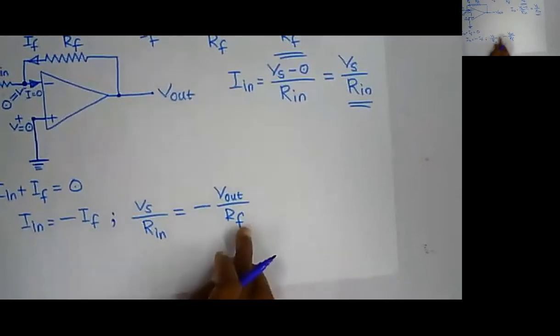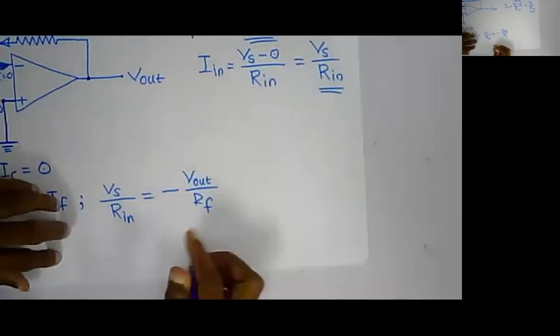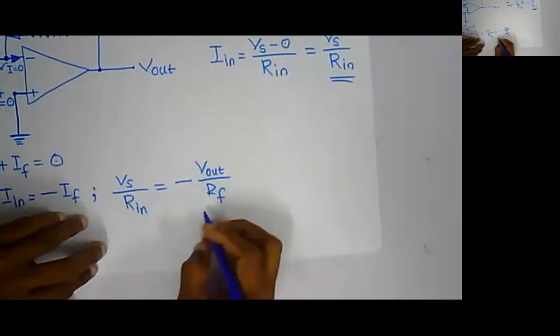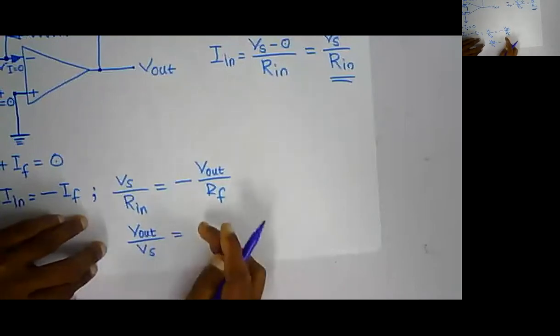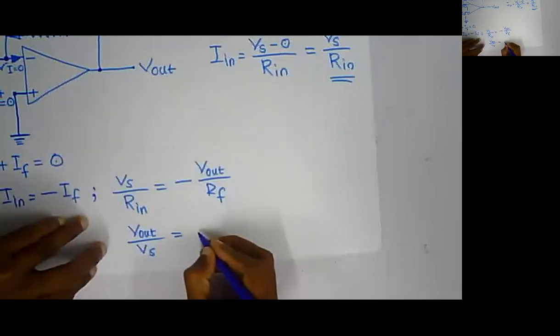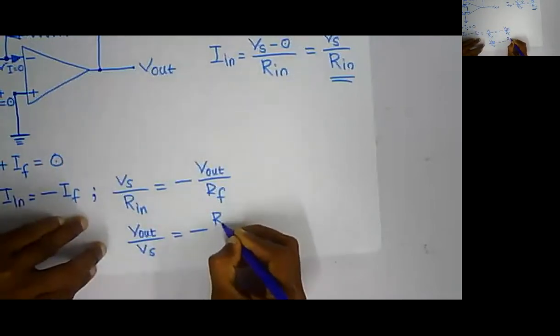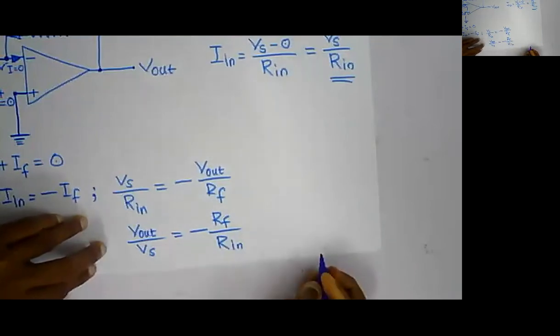Simply multiply this and bring that to the other side, and I get V out by Vs, which is what I need, equal to minus Rf by R in.